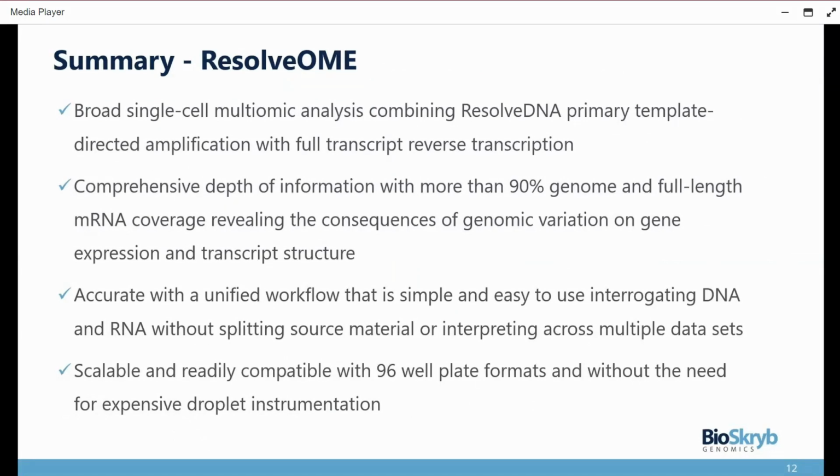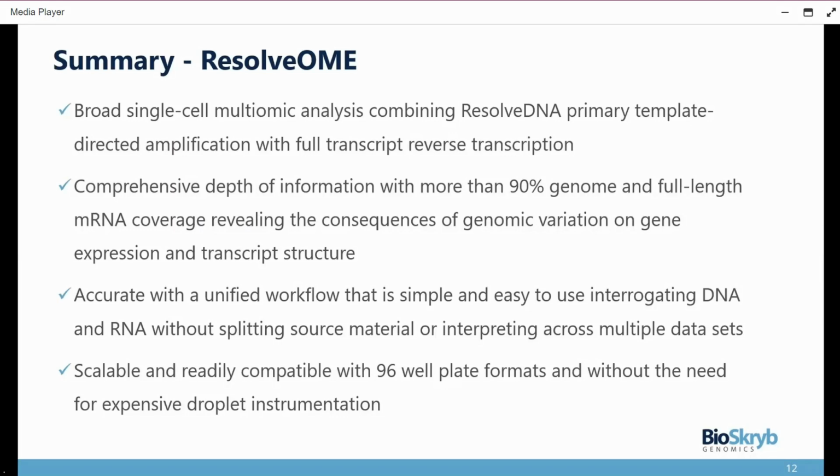To summarize, Resolve-Ohm is a broad single-cell multi-omic analysis solution that combines the Resolve DNA primary template-directed amplification with full transcript reverse transcription. It's comprehensive in its depth of information, with more than 90% of the genome and full-length mRNA coverage revealing the consequences of genomic variation on gene expression and transcript structure.